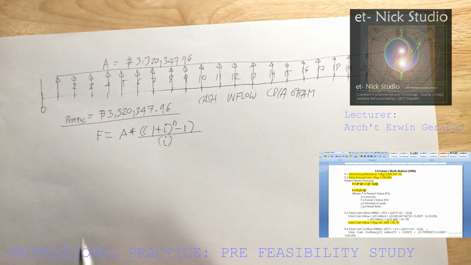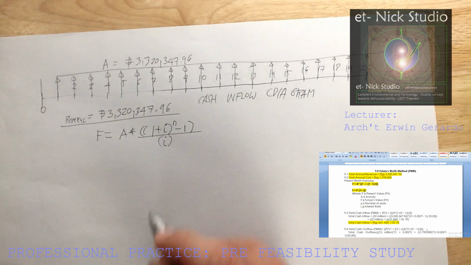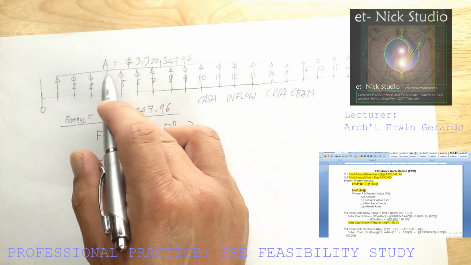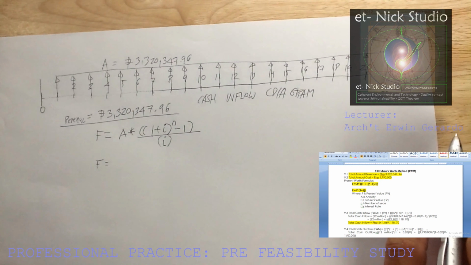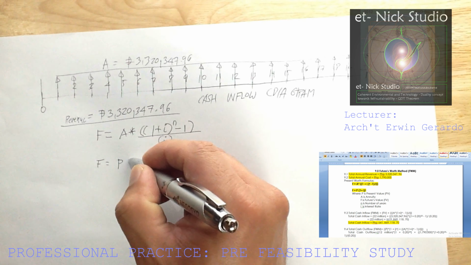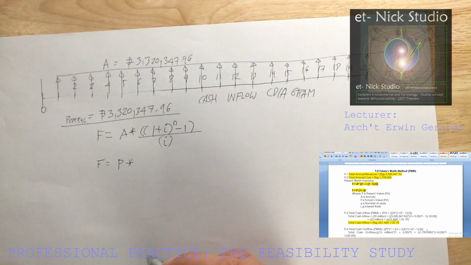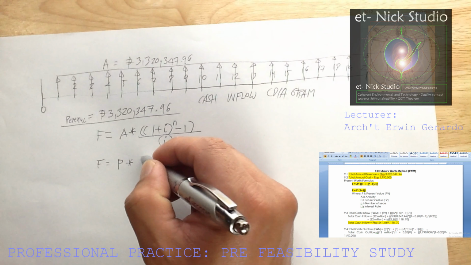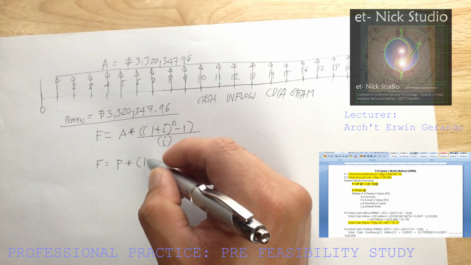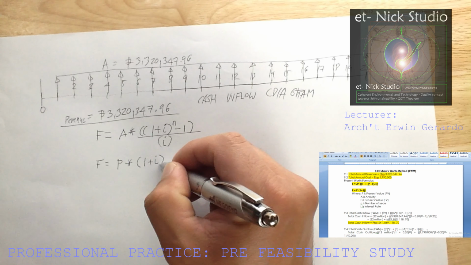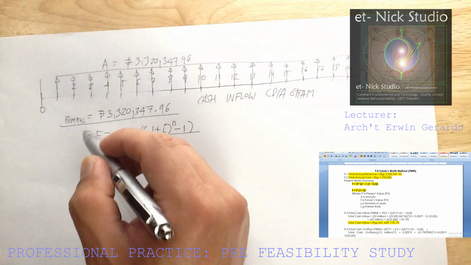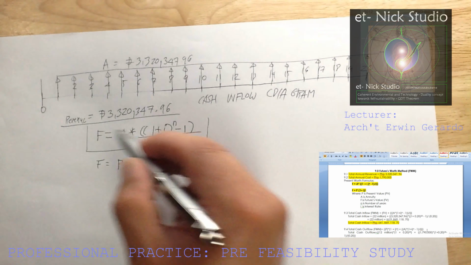So this is the formula for the futures worth. So meaning you need to input here the annuity, which is the income actually. And then P is actually denoted as the present. Then 1 plus the interest raised over N, which is actually equivalent to number of years.